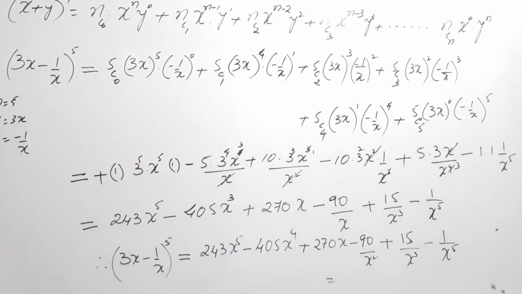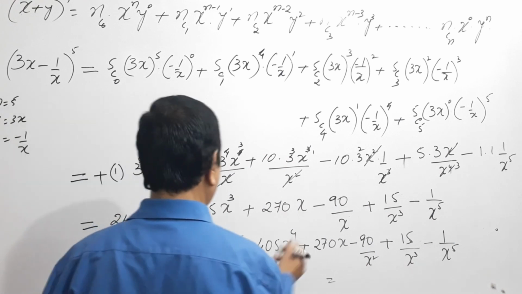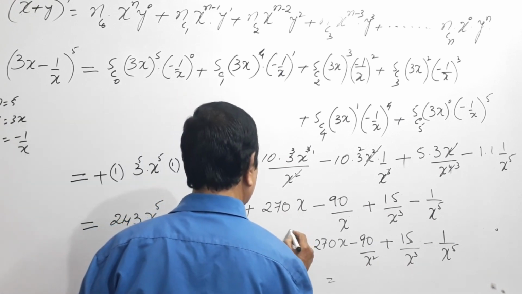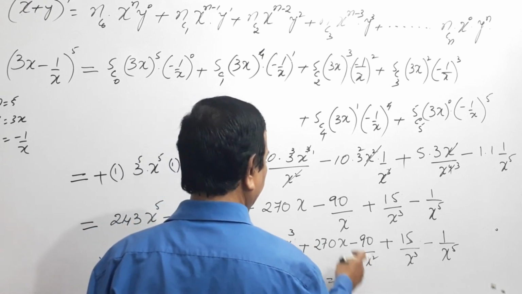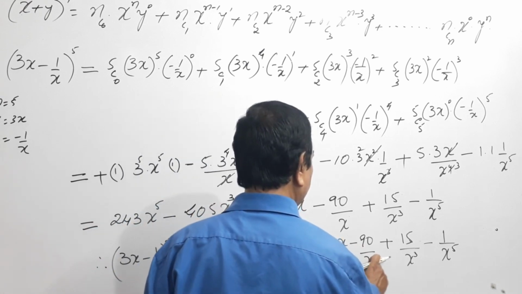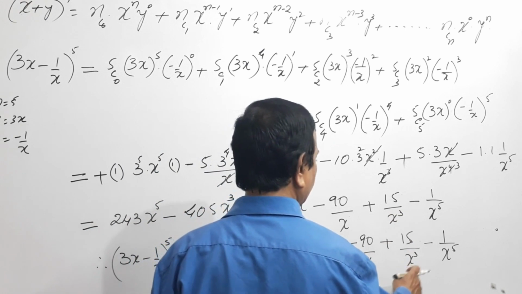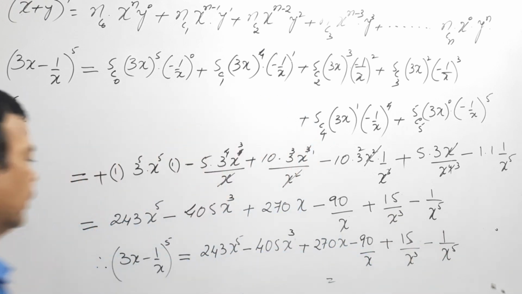This is the answer. Please make that correction. Here again 405 x cube, 270x, 90 by x, here again 90 by x, 15 by x cube, minus 1 by x. This is the required answer. Please make that correction.